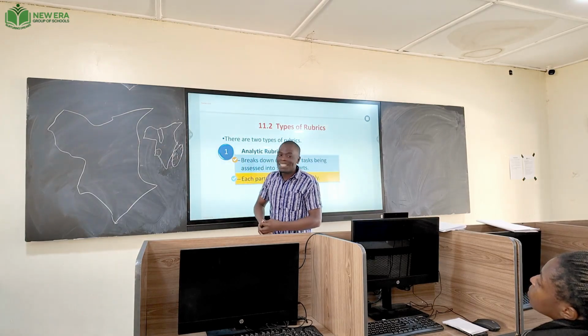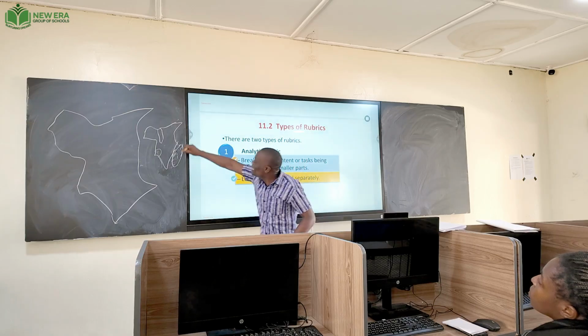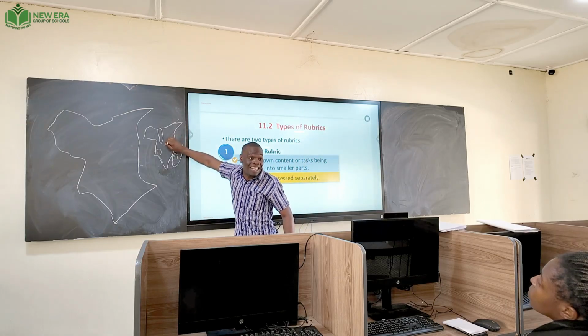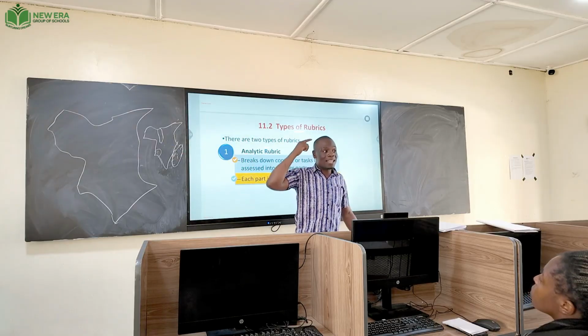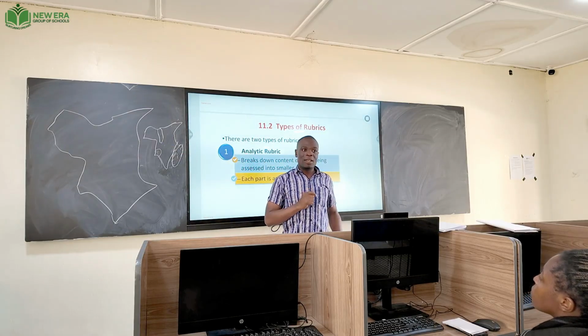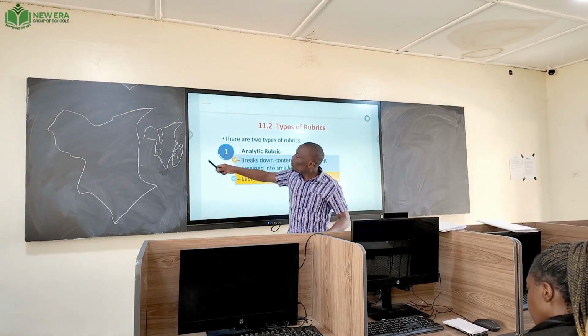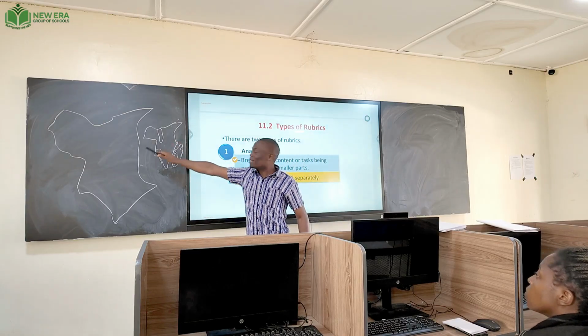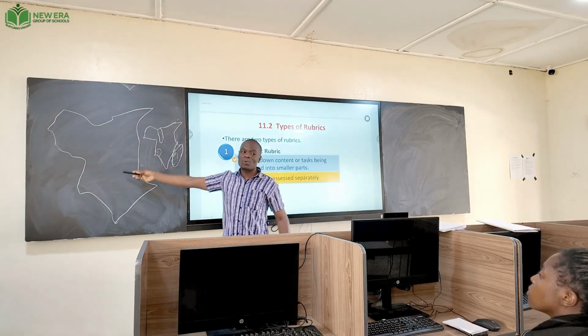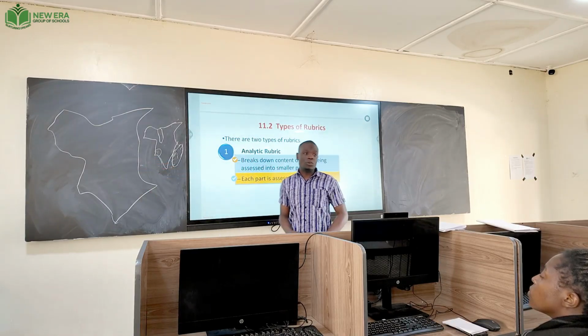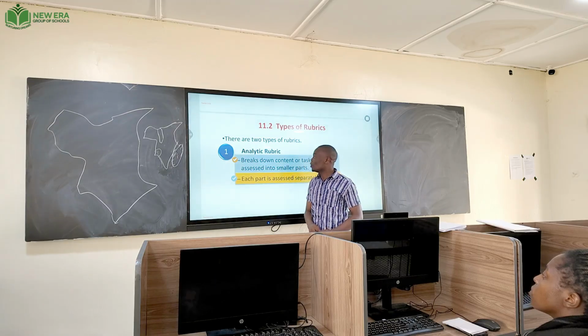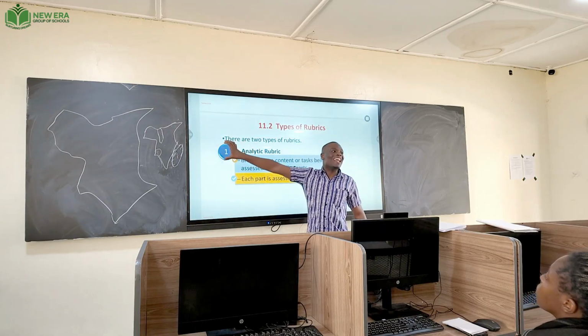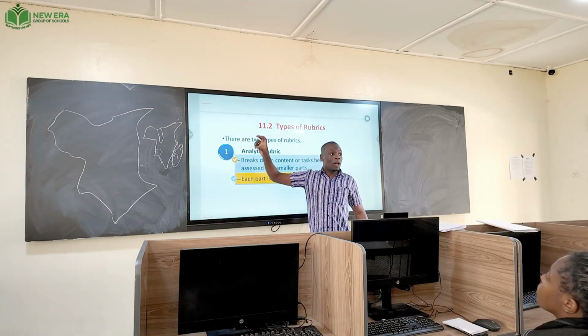So this student has a skill in drawing, and also a skill of remembrance, of recalling. So this one will score higher marks as compared to this. So you will recommend this one on the areas to improve. This is what you call an analytical rubric.